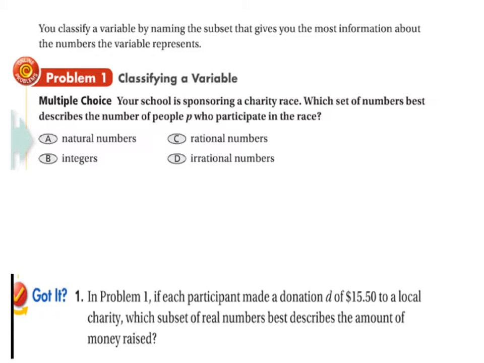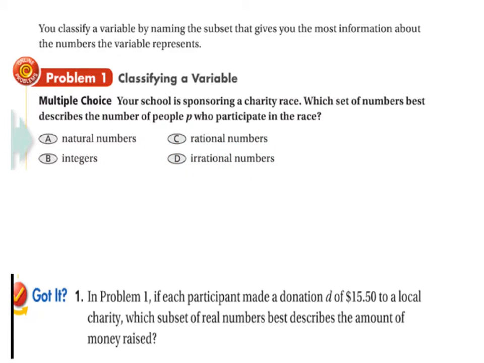And then at the bottom here, if each participant made a donation of $15.50, which subset would best describe the amount of money raised? There we're not sure if that'll end up being an integer, or I suppose even a natural number more precisely, or it could be rational.